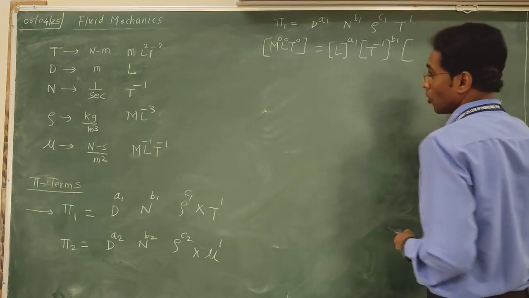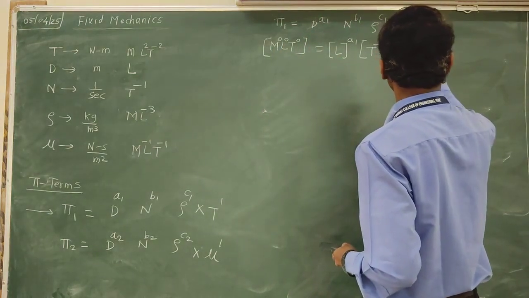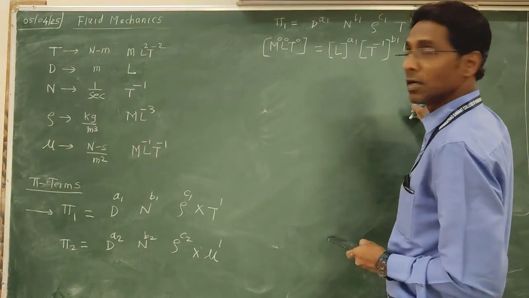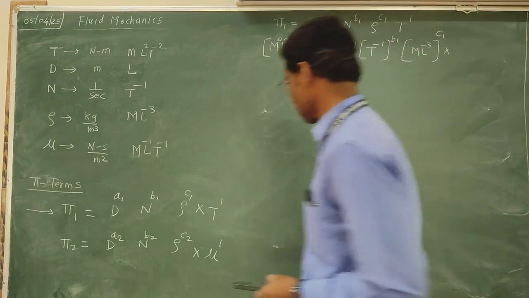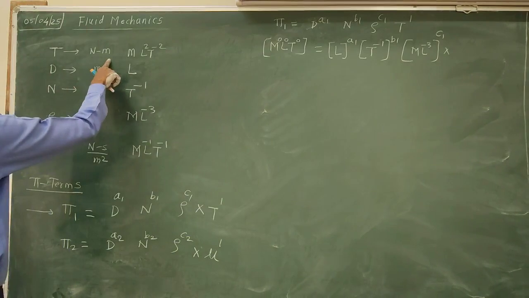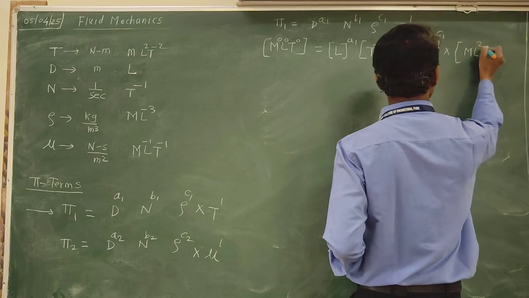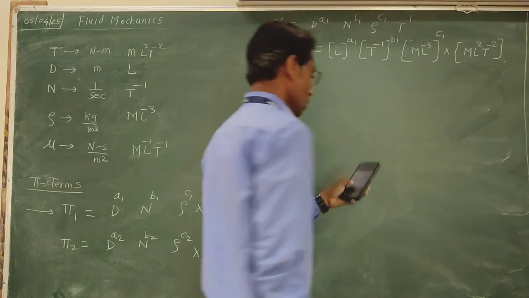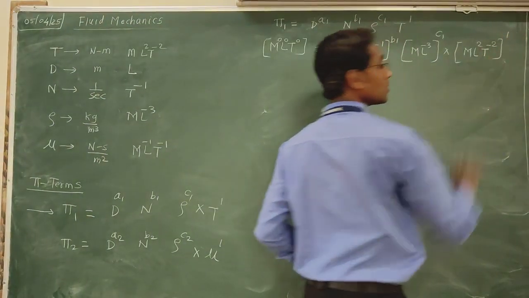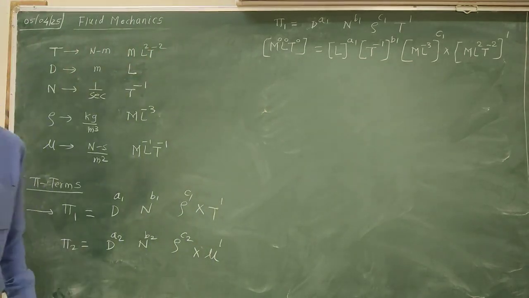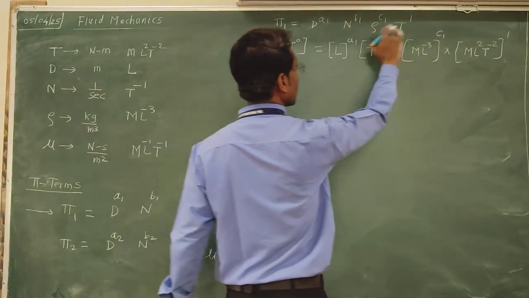Then rho, whose form is M L raised to minus 3, this is the MLT form, raised to c1. Multiplied by torque. What is the form of torque? M L squared T raised to minus 2. So in this way we have to write all these forms in brackets. You will understand the method. Pi 1 is D, N and rho into T.